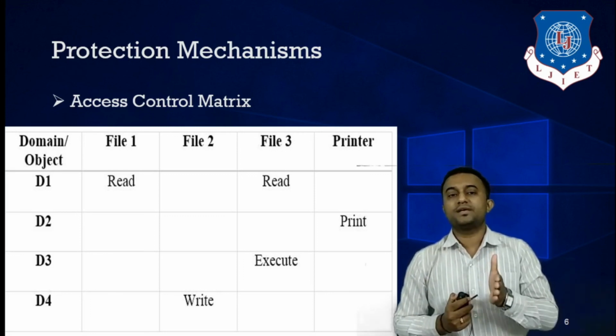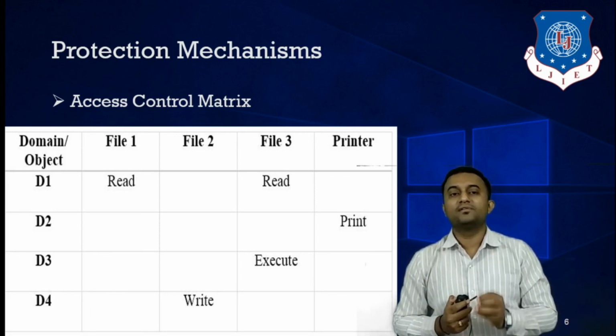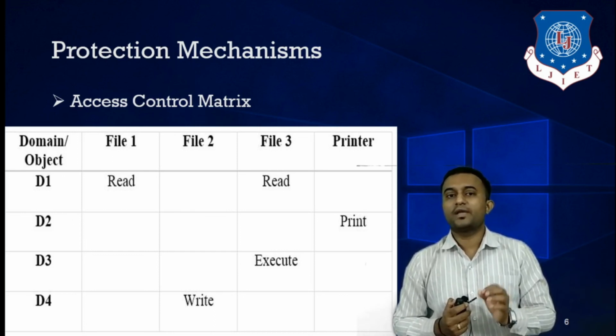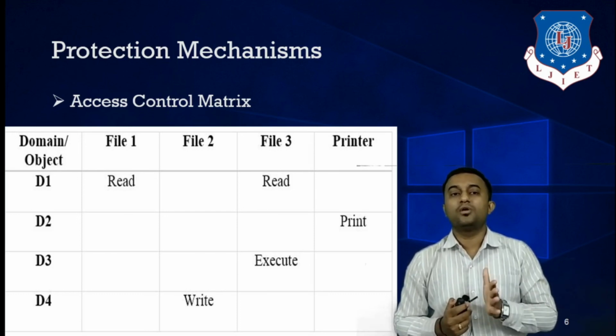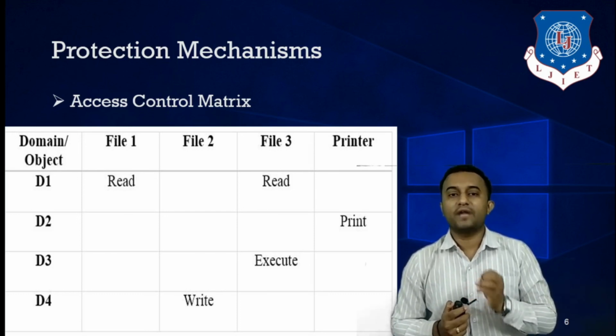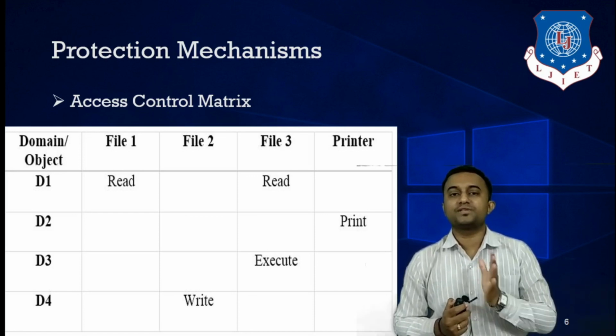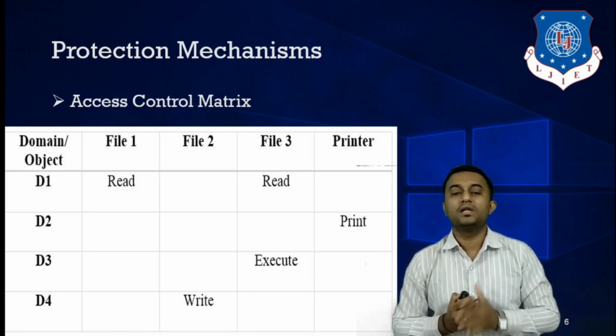So D1 has the read privilege on file 1. The D1 person can also read file 3, but he or she cannot do write or execute operations on file 1 and file 3.